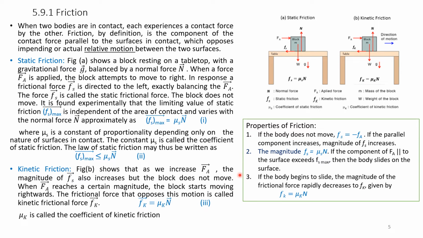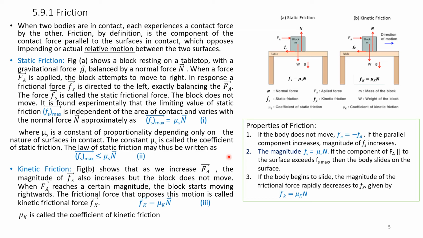Properties of friction. Property number 1. If the body does not move, then the static frictional force Fs and the component of F that is parallel to the surface are equal in magnitude, and Fs is directed opposite to that component.